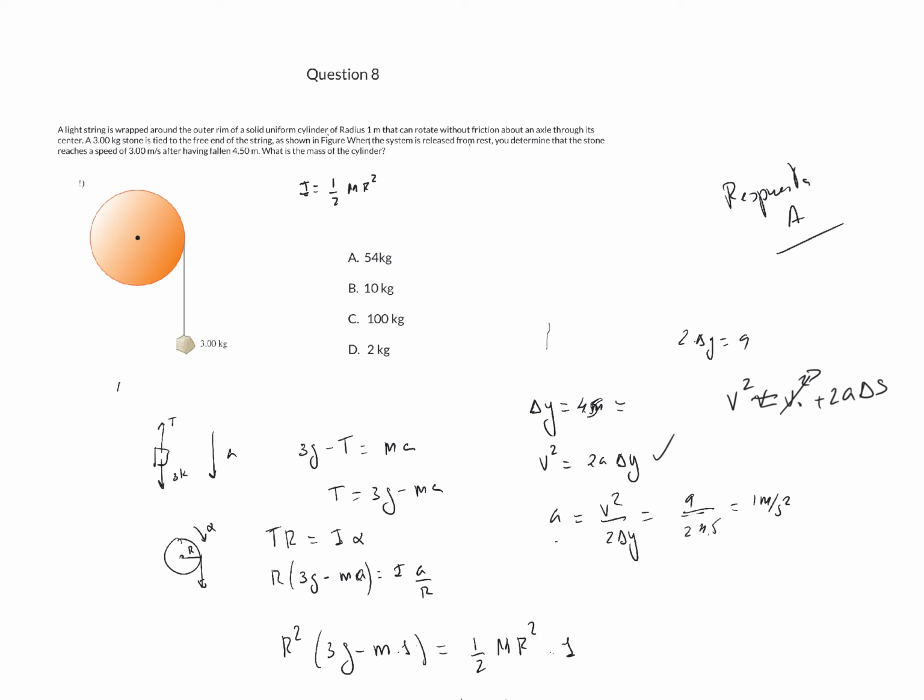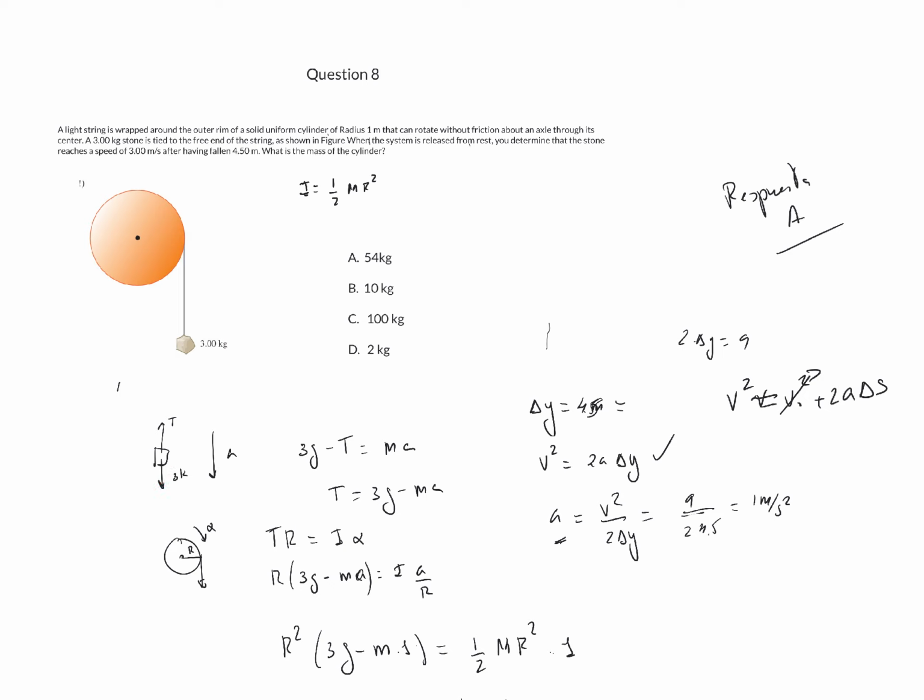So the acceleration, going downwards, is v squared divided by 2 times delta y. V is 3 meters per second, 3 squared is 9, divided by 2 times 4.5. So the acceleration is 1 meter per second squared.